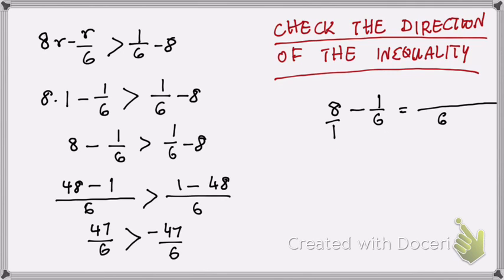Right now the denominator for this is 1, and the denominator for this is 6. So in order to make it common, you want to multiply both the numerator and denominator with 6.